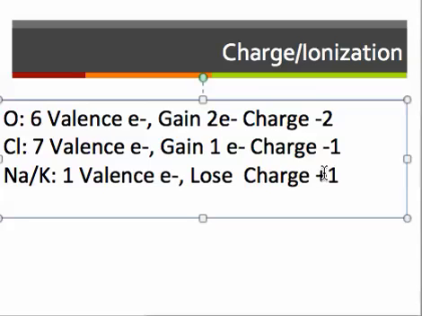These atoms are no longer neutral and they have charges, and so these atoms are now called ions. So we would say that the oxygen ion has a 2- charge, the chlorine ion has a 1- charge, and the sodium ion has a +1 charge.